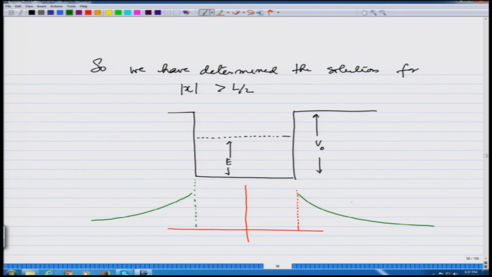Here it decays as e raised to minus square root of 2 m V 0 minus E over h cross square x, and on the left hand side the solution decays as e raised to plus square root of 2 m V 0 minus E over h cross square x. What about in between? What is the solution in between? Let us focus on that.